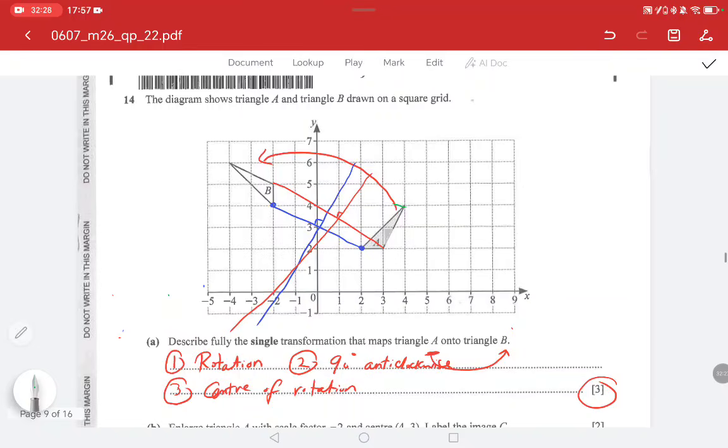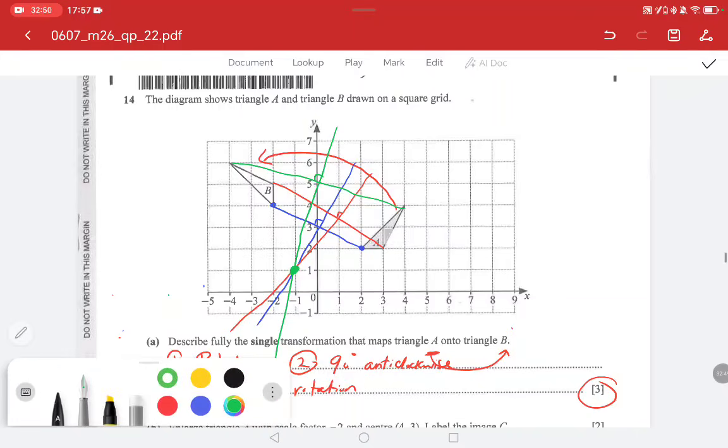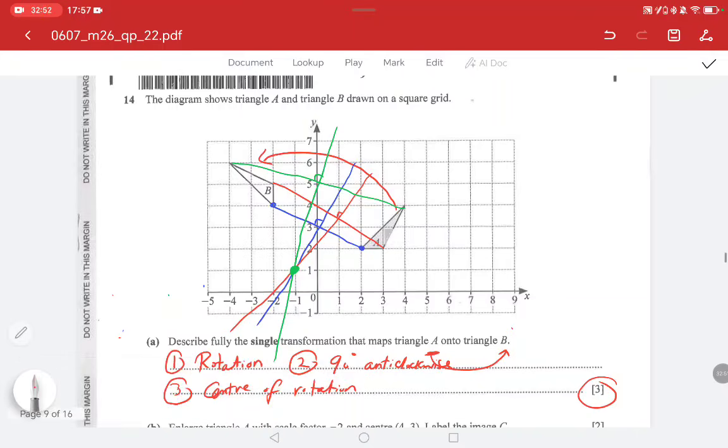If you connect this one with this one, and do the perpendicular bisector, the middle distance between them, something like that, you will discover that all of them intersect at one point. This point is the center of rotation. So in this example, it's -1 and 1.